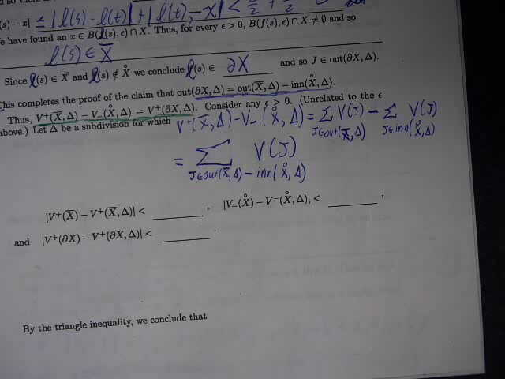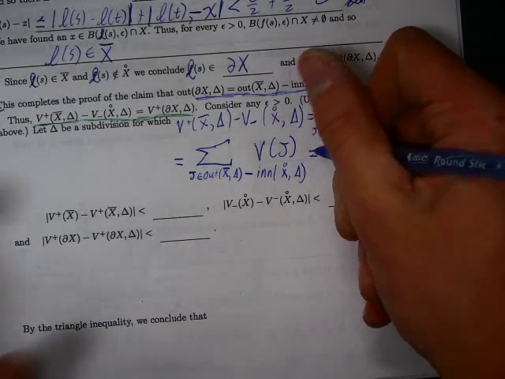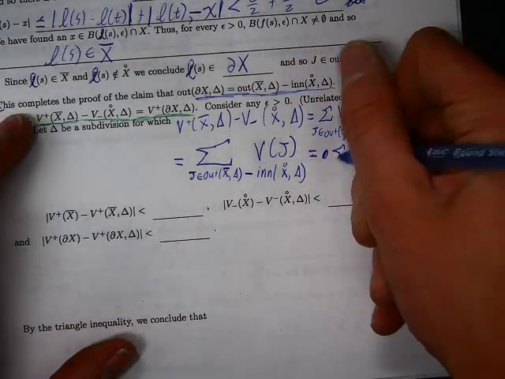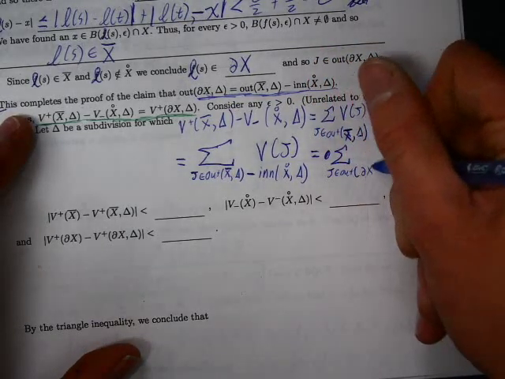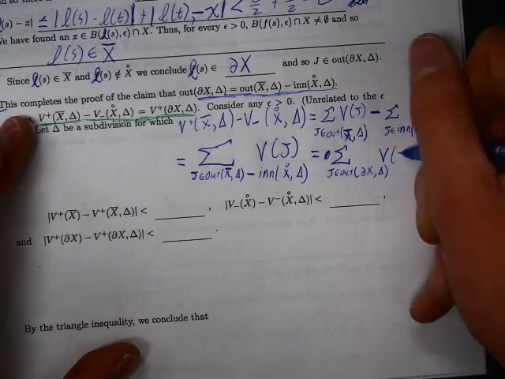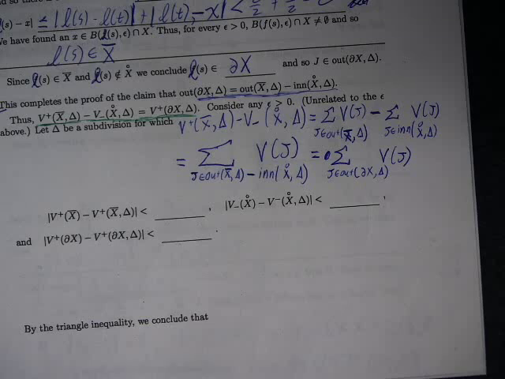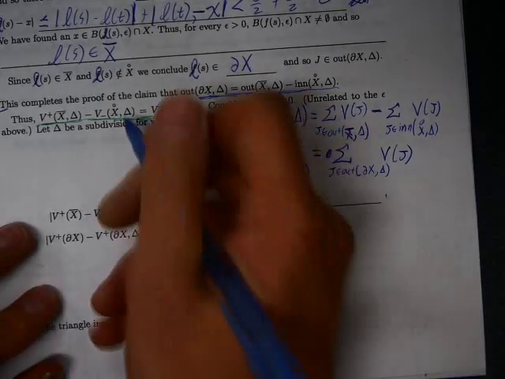Okay, but what did I just show that out of x bar rel delta minus in of x soc rel delta is? Hey, is that an outer volume? It's the outer volume of the boundary x rel delta. So that justifies that little green claim.